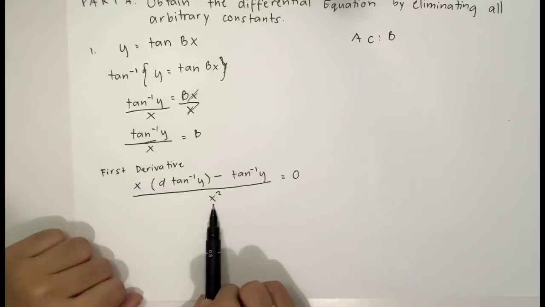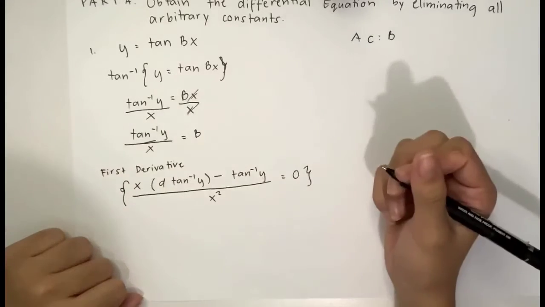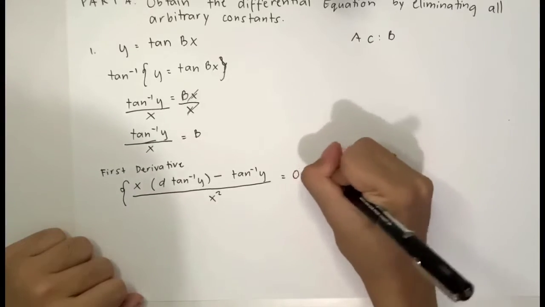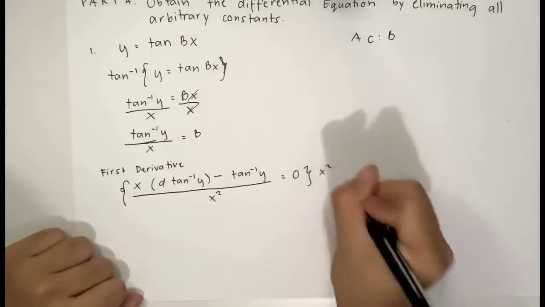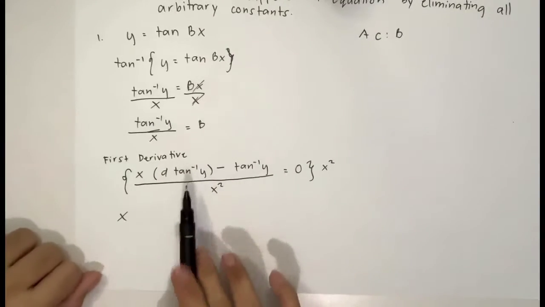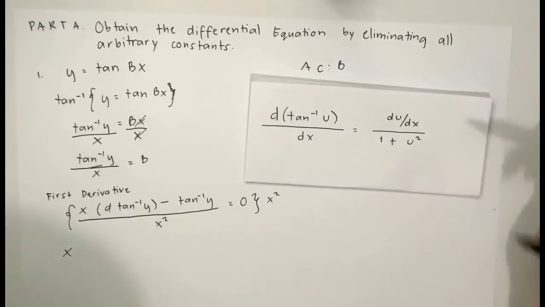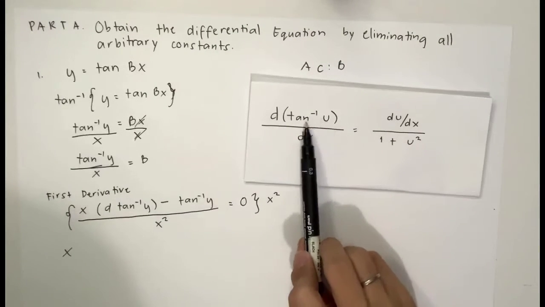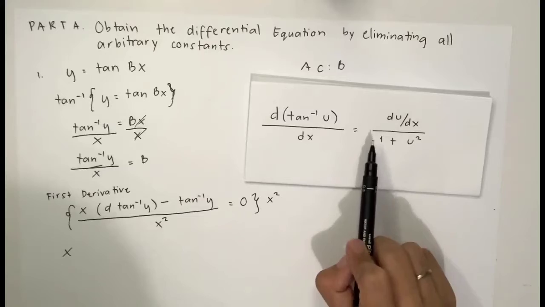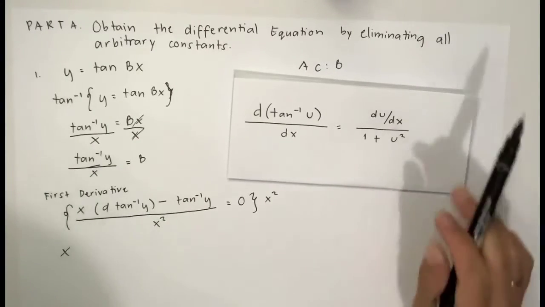To cancel this x squared on the denominator, we will multiply the equation by x squared. So, cancel, cancel. You will have here x. And isulat na natin yung derivative ng arctan. So, the formula for the derivative of arctan u is equal to the derivative of u over 1 plus the square of u.